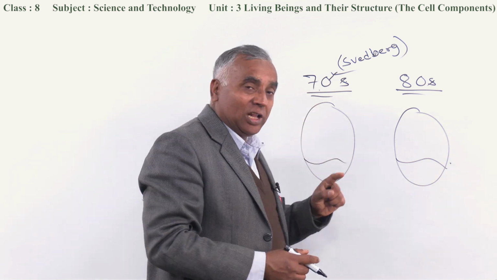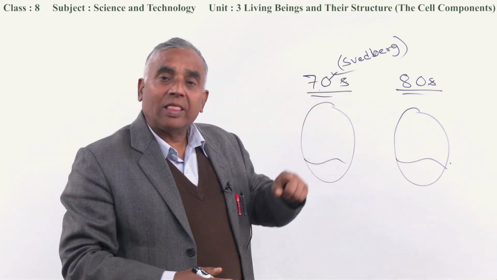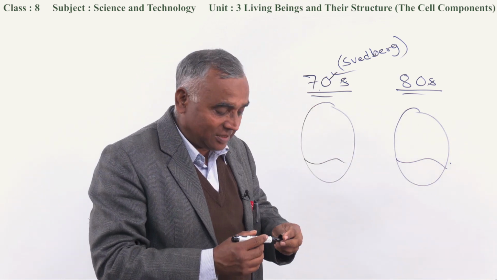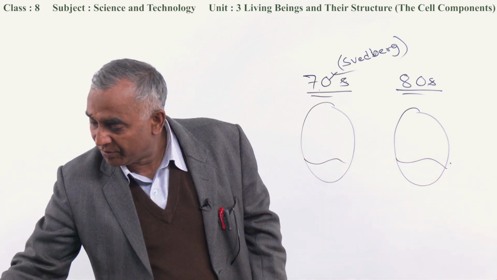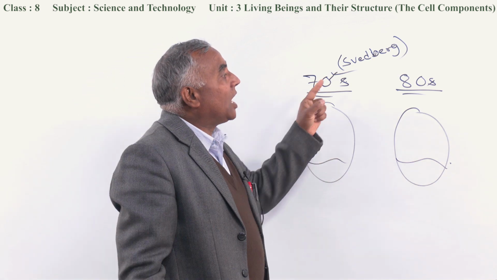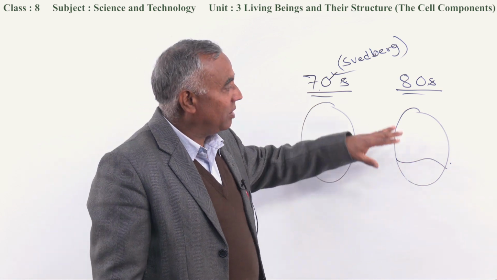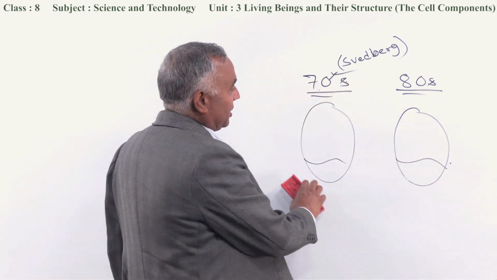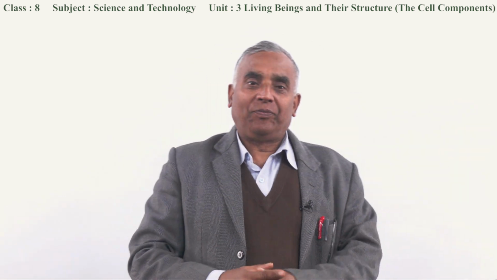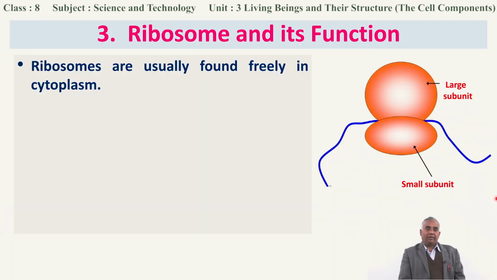And one special thing about ribosome is that only that is, till now we have studied, what? Without membrane, no single membrane or double membrane, coverless. Coverless structure is that. Now, say about ribosome. Ribosomes are usually found freely in cytoplasm, but you have seen that it is found attached with what? Endoplasmic reticulum.